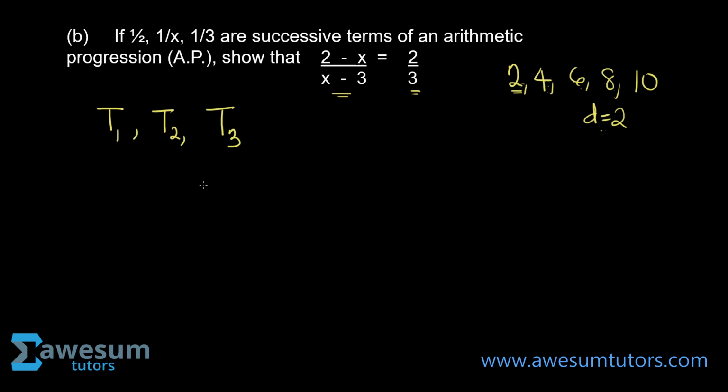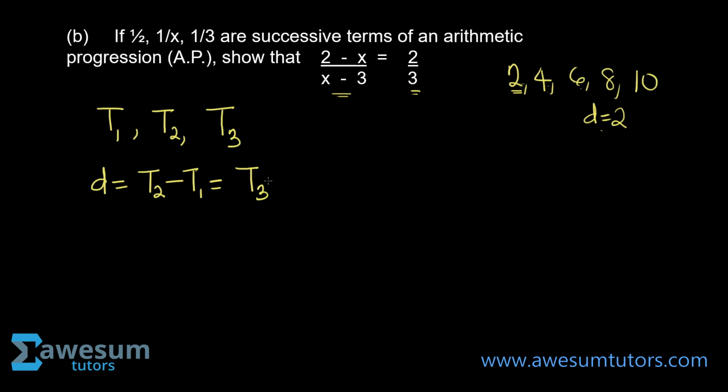This tells me that my common difference, I can call it D, would give me T2 minus T1, which is also the same thing as T3 minus T2.